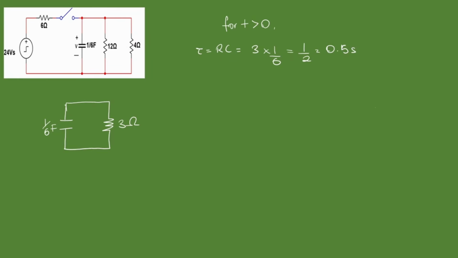Alright, that's the first part. And that's essentially the greatest hurdle we have to cross when solving for source-free RC circuits. Now, all we have to do is bring everything together. Remember that we got V naught to be 8 volts. Substituting, we remember that v(t) is equal to V naught e to the minus t over tau volts.